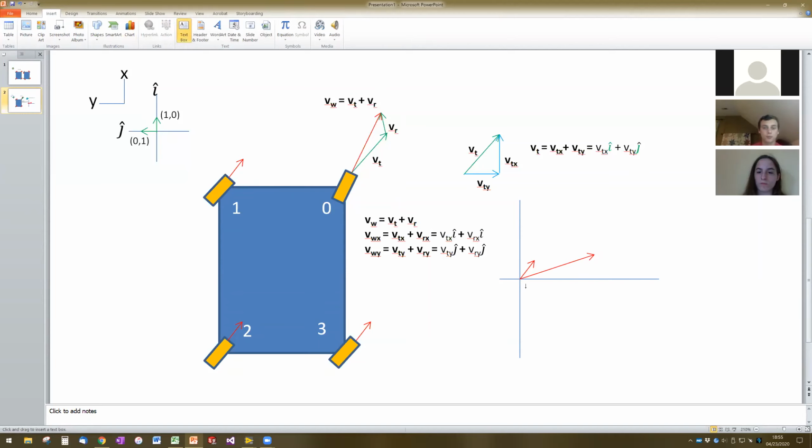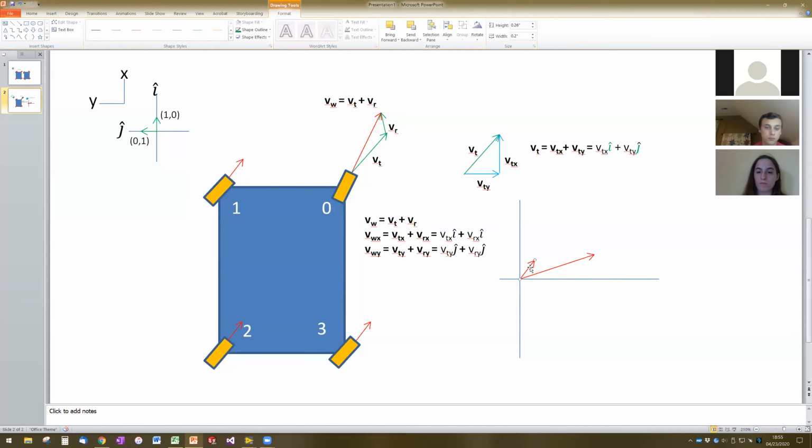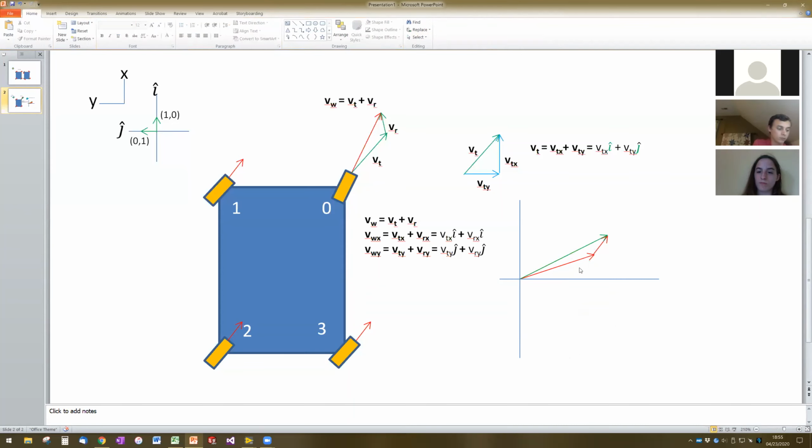And I want to add them together, right? So the goal is to add them together. We know graphically that we could add them together, and we would get this vector here. Right? So we already did that.